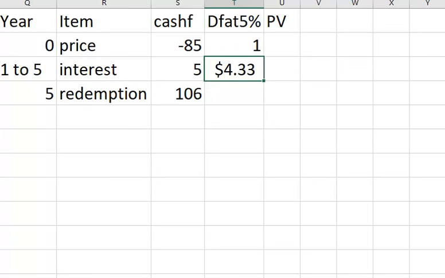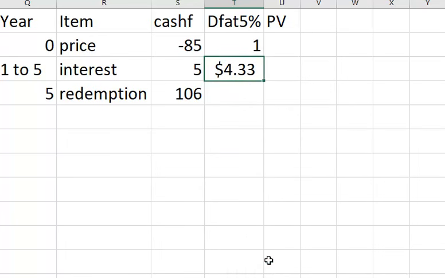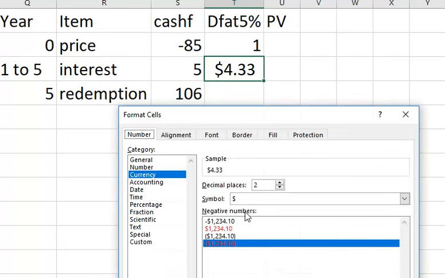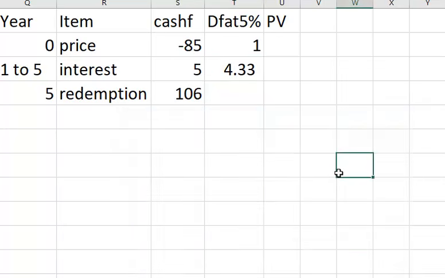We can go to home. We can format as well, if it's necessary. It should be a number, not a currency. Okay. That's okay. So that's how we calculate the annuity factor.